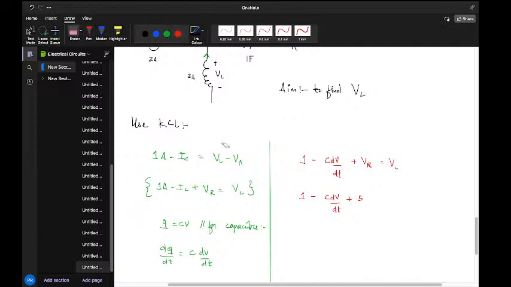So let me just rewrite things down out here. So it's plus I of R equals I of L over here, and out here it's the same thing. So I of R is equal to I of L over here.